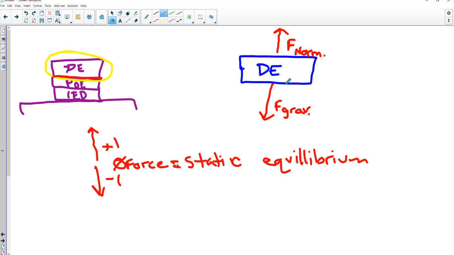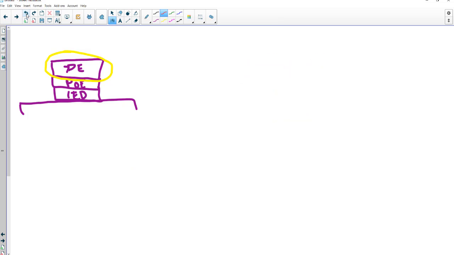Now, let's go back and imagine that the problem didn't say to draw a free body diagram of the top book. Let's say it said to draw a free body diagram of the middle book, the POE book. So I'm going to isolate in my mind the middle book, and I know that something is happening to it here, and something is happening to it here.